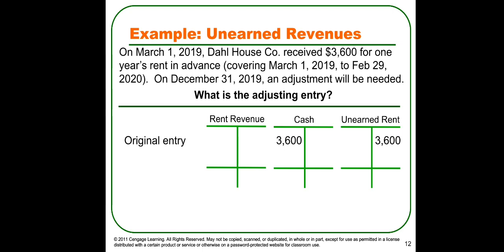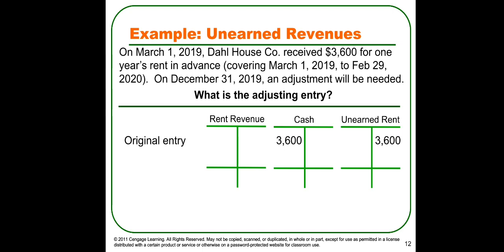The business received cash, 3,600. At the same time, the situation is a liability, because the business received cash on 1st of March, but the business has to allow the person to use the space for the next 1 year. That is a liability, so when you record the liability, you have to credit. The name of the liability account is Unearned Rent. So credit Unearned Rent 3,600.